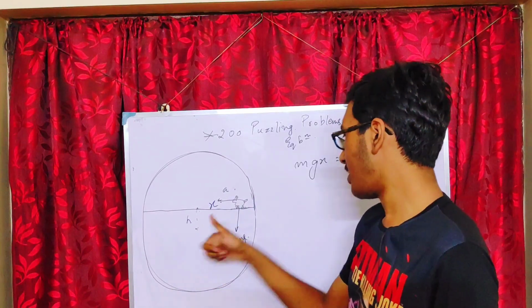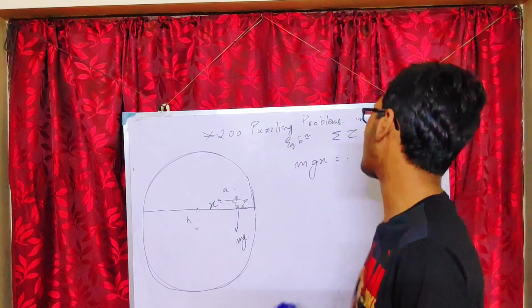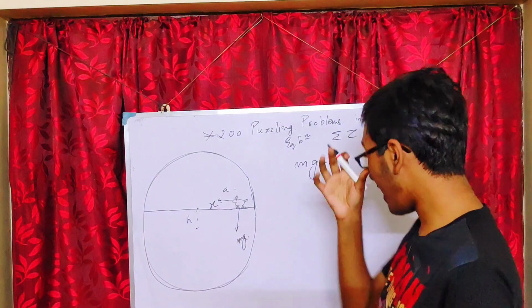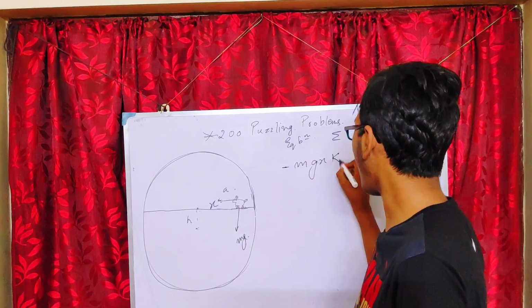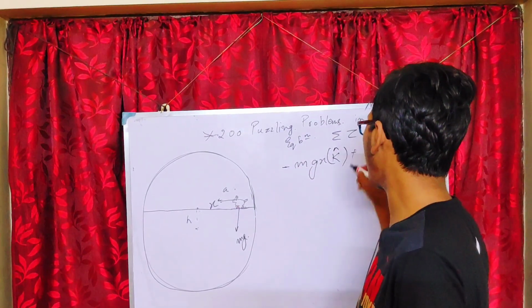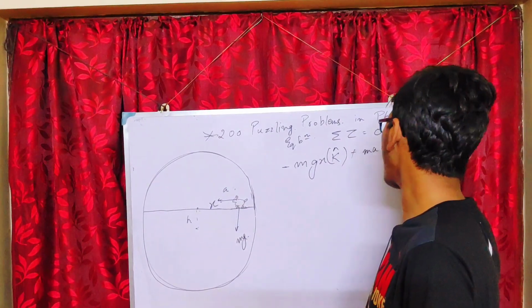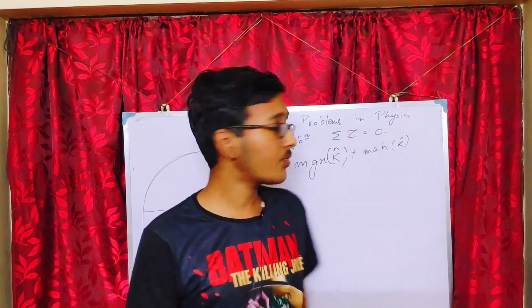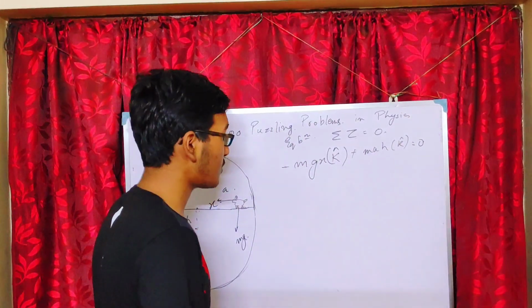R cross f. So R cross f, so it's outward. So if I write in a bit professional way, so this would be minus mgx k cap plus m a h into k cap. So for equilibrium this should be equal to 0 because sigma tau equals to 0.